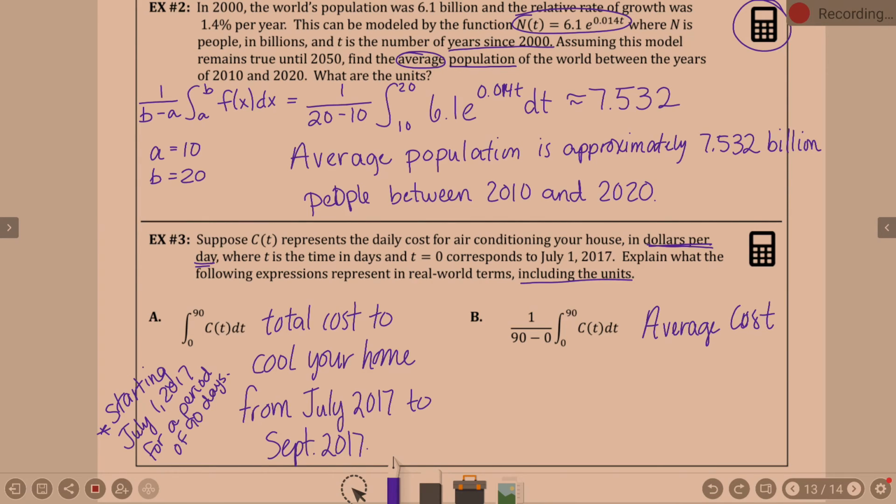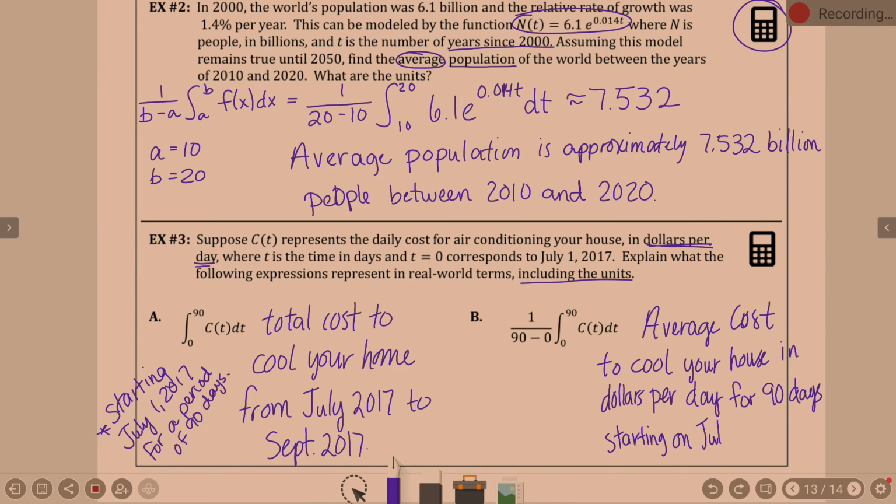Okay, so average cost to cool your house in dollars per day for 90 days starting on July 1, 2017.